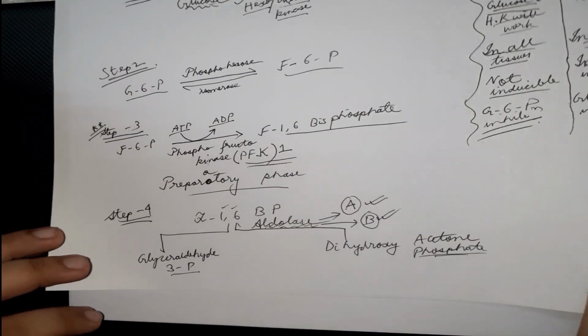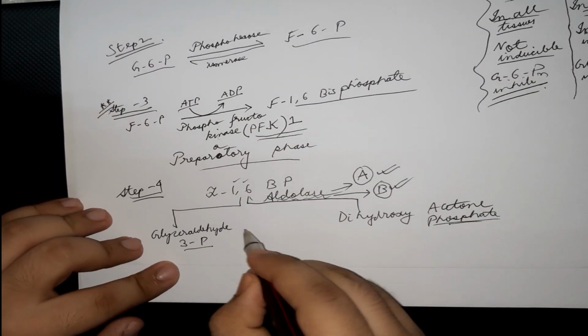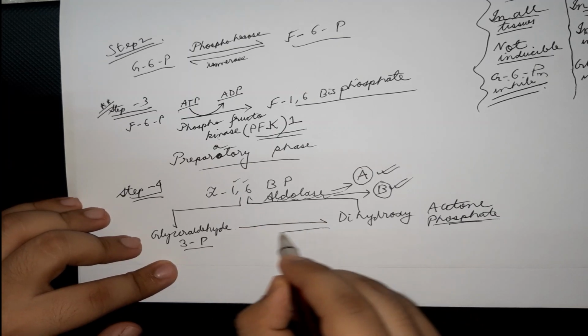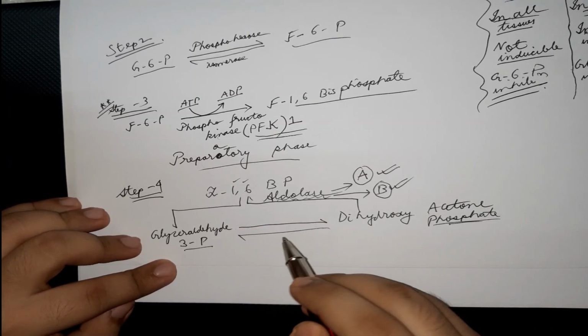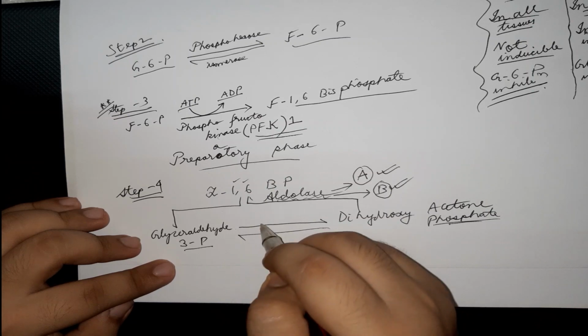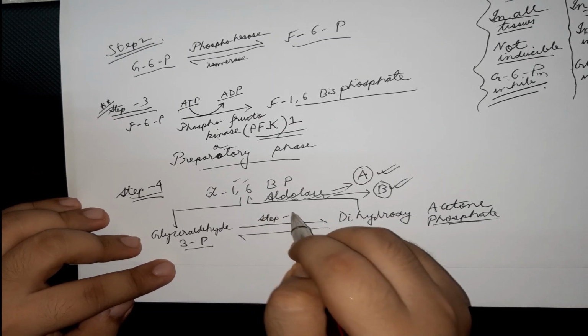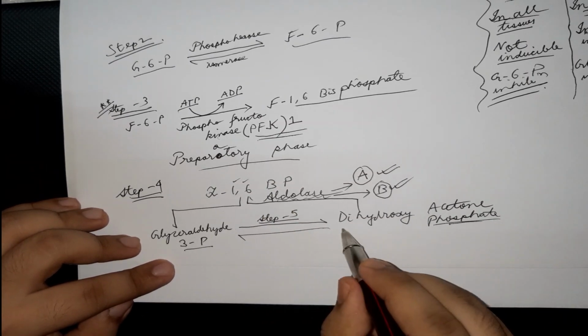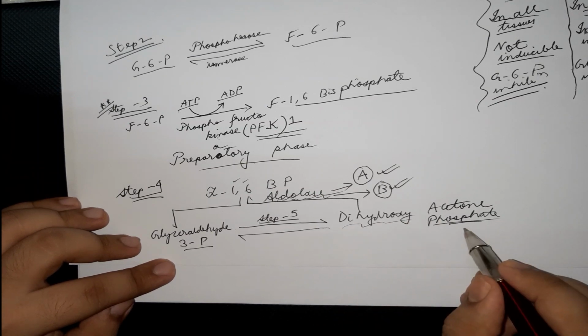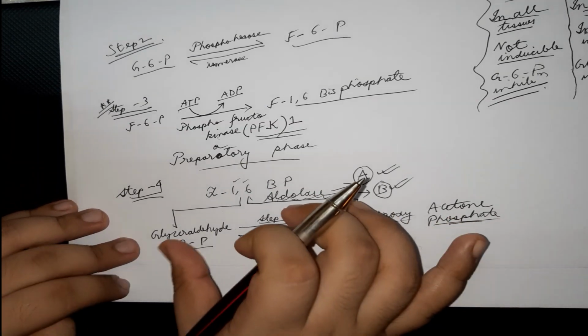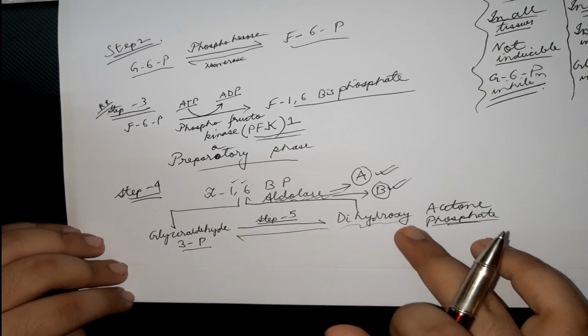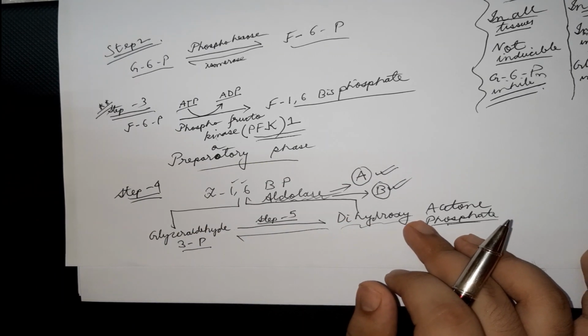Alright, the 5th step will actually be the conversion of, this is step 5, I'm writing here, dihydroxyacetone phosphate and glyceraldehyde 3-phosphate, they are interconvertible.